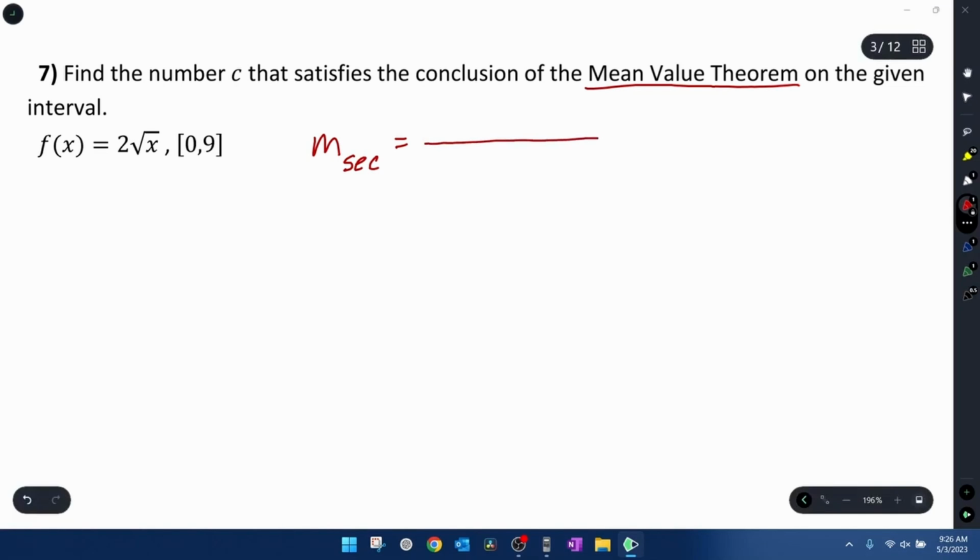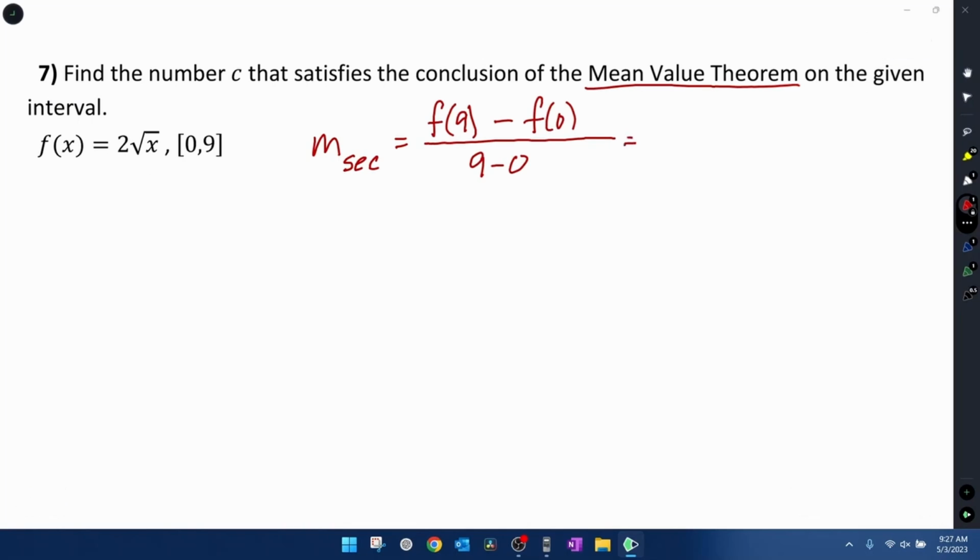Okay, so here we go. Finding the slope of the secant, just like we find the slope of any line, we need 2 points. And in the numerator, remember that's y2 minus y1, but y is f of x, and here we would have f of 9 minus f of 0, those are the endpoints of my interval, over 9 minus 0. And then we need to calculate that slope.